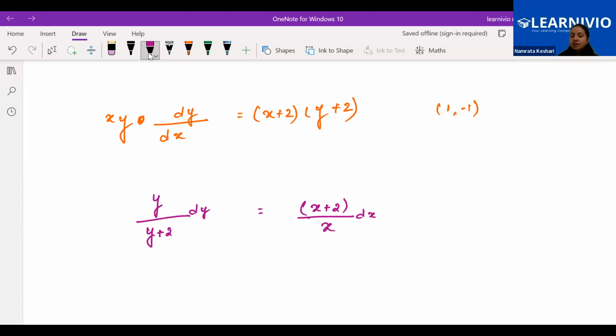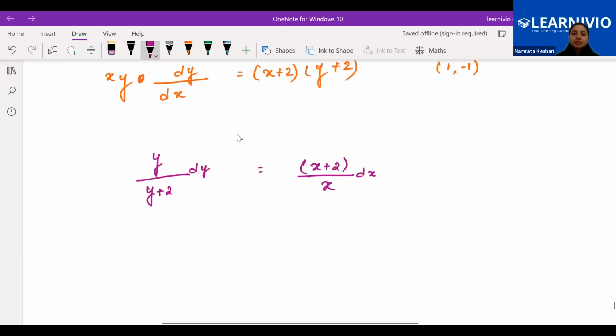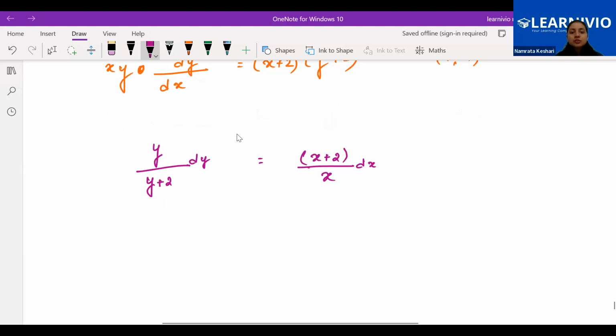Exactly like this only we'll be doing it. Okay, let's do integration on both sides. Just tell me how to do the integration on both sides.